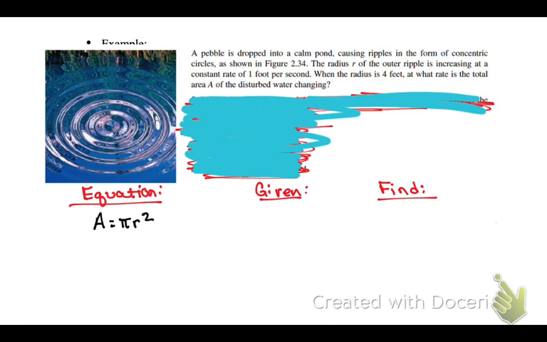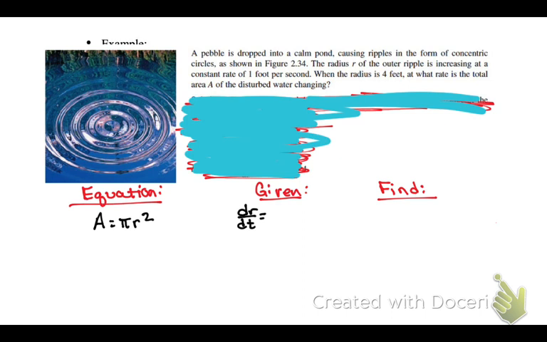Okay. So what do we know? Radius is 4 feet. And it says the radius of the outer ripple is increasing at a constant rate of 1 foot per second. So wouldn't that be dr/dt? Yeah, because dr/dt means the change of the radius over time.